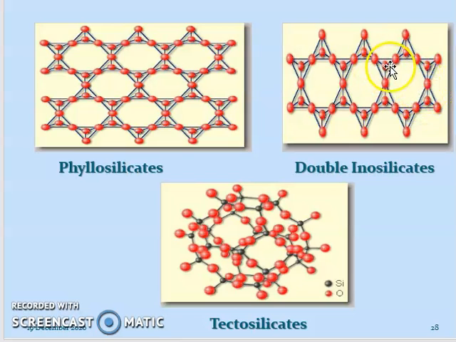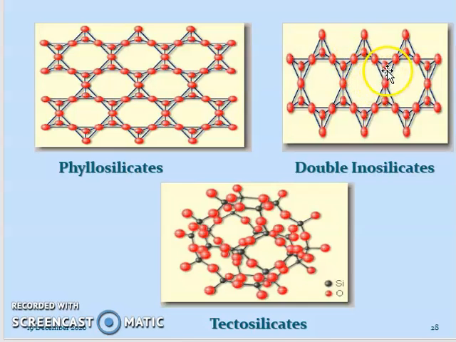So you will find tetrahedra shared with 3 oxygen, and in the same unit you will find tetrahedra shared on only 2 oxygen. So if you would like to count, you should take 2 tetrahedra, one shared on 3 oxygen, and another shared on only 2 oxygen, and count to determine the ratio of Si to O.